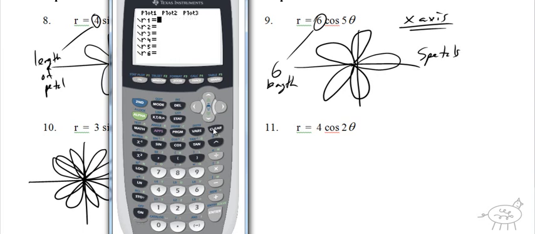r equals 4 cosine of 2 theta. So 4 cosine of 2 theta. Zoom 6. Interesting. Zoom 0. Let's do zoom square, because I think that's always a good one. So that's got 4 petals.